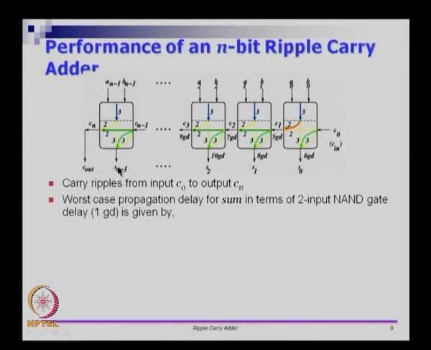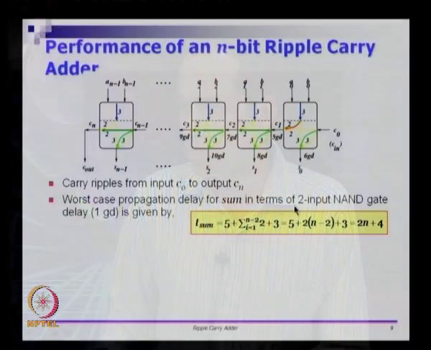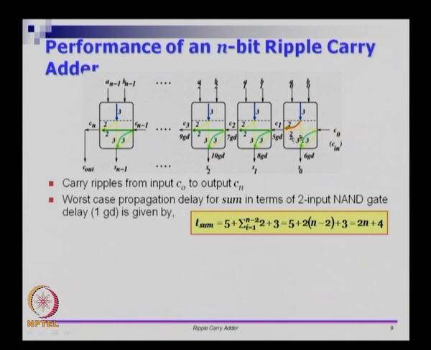So the worst case propagation delay for sum in terms of 2 input NAND gates is given by 5 time units, which is in the very first stage itself. So the very first stage, this carry will come out at 5 plus the sum over i equals 1 to n minus 2 of 2, that is through the carry logic. This summation is because of the carry logic. This is the delay taken for the very first carry, C1, to be generated.